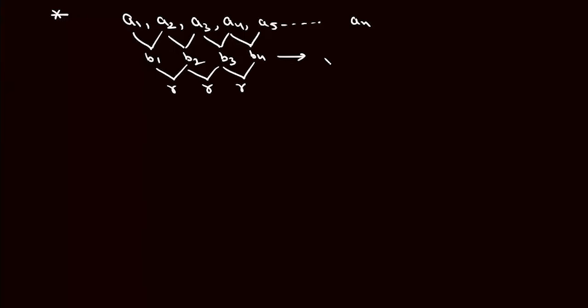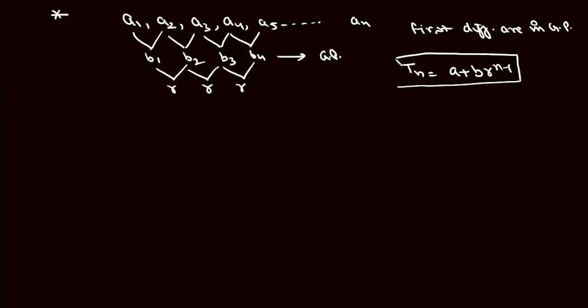So basically their first differences are in GP. So when we have a series whose first differences are in GP, then its nth term is given by a + b·r^(n−1), where this r is the common ratio of this GP.